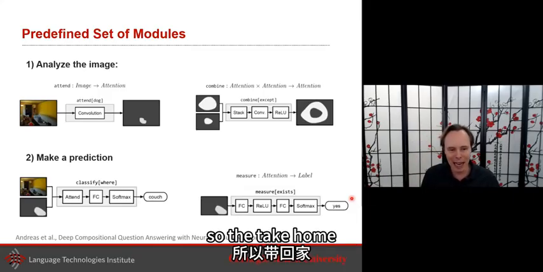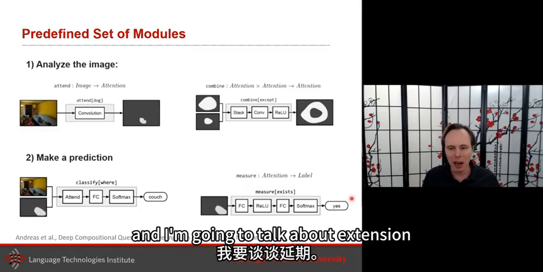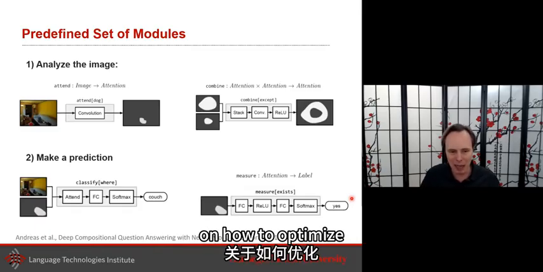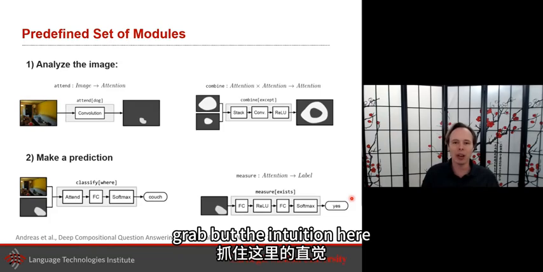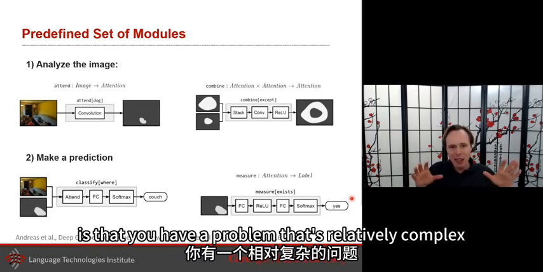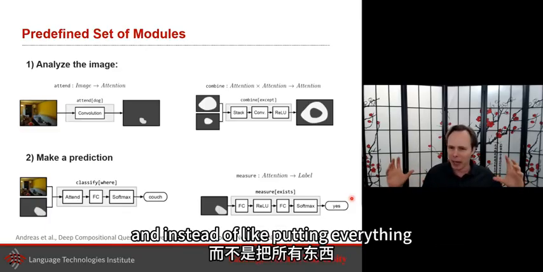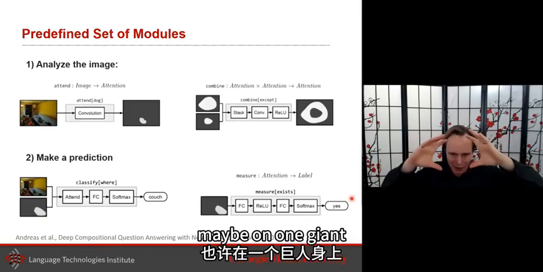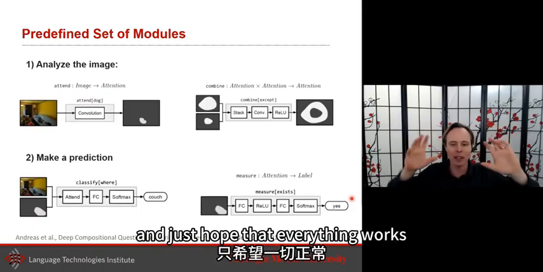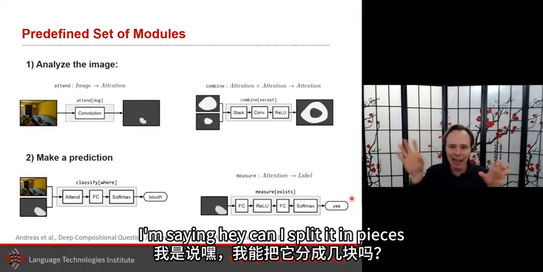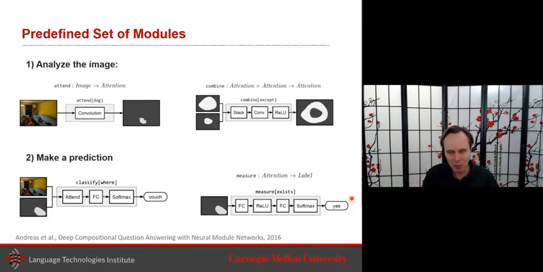So the take home, and I'm going to talk about extensions on how to optimize everything automatically in the computation graph, is the intuition that you have a problem that's relatively complex, and instead of putting everything on one giant transformer and just hoping that everything works, I'm saying, hey, can I split it into pieces?